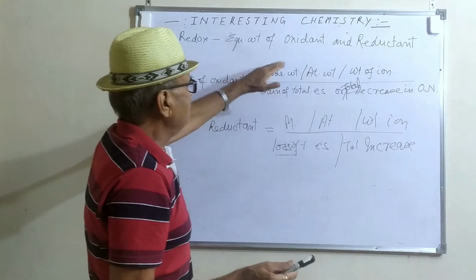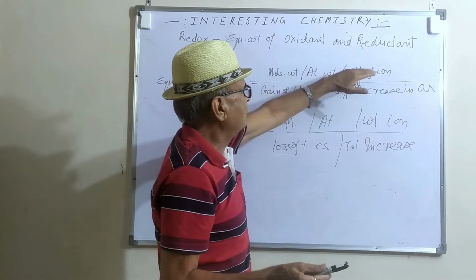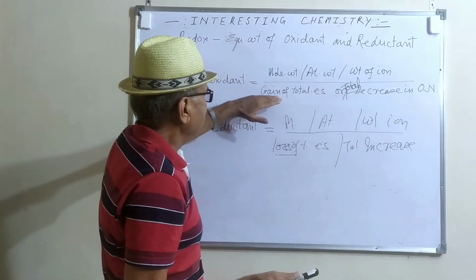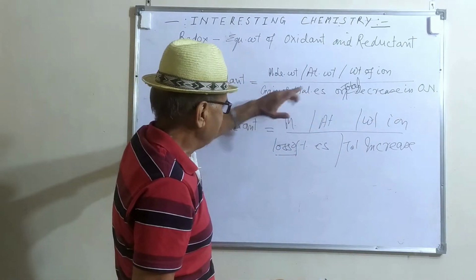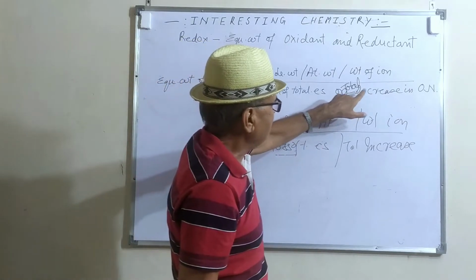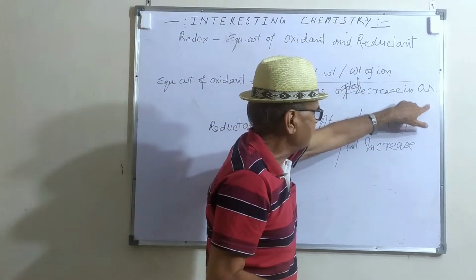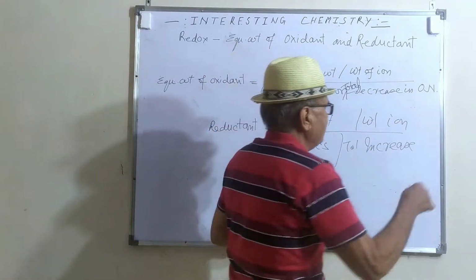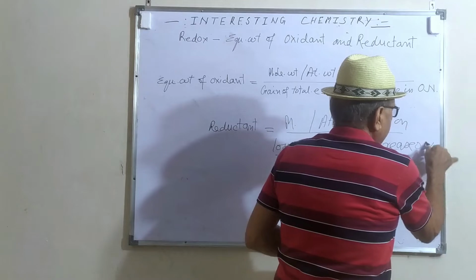So the molecular weight, atomic weight, or weight of ion is the same formula, but instead of gain of total electrons you write loss of total electrons, and instead of total decrease in oxidation number, total increase in oxidation number.